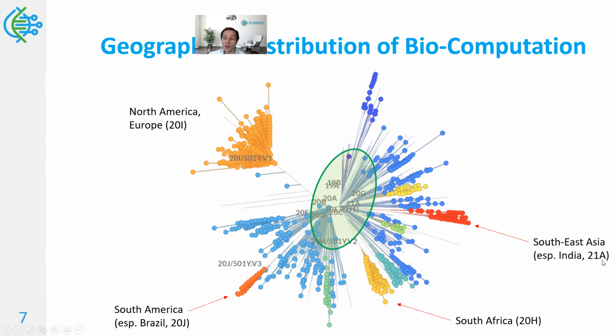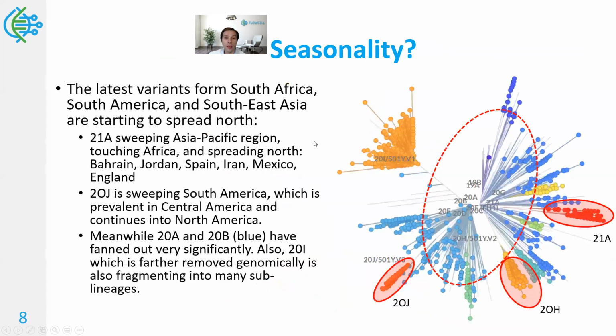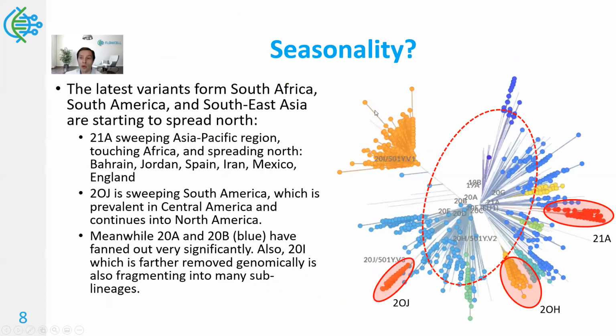This new strain from 2021 is emerging in India and also already fragmenting, as a matter of fact. So the concern is, as I was saying, these strains.